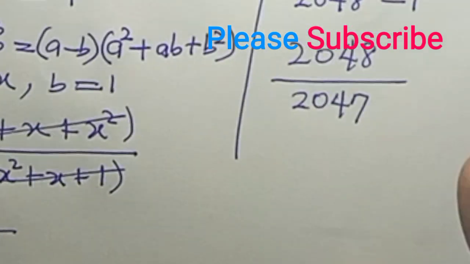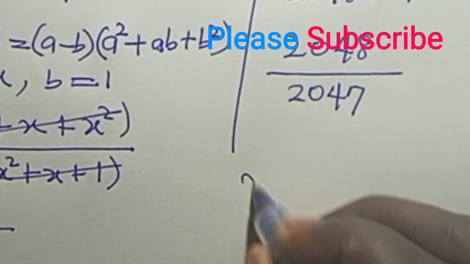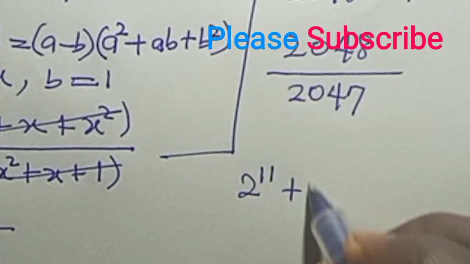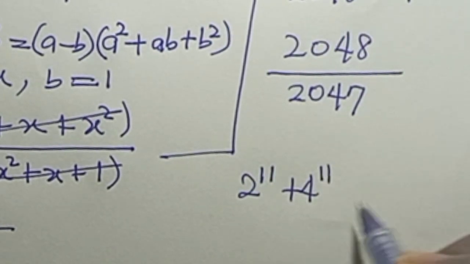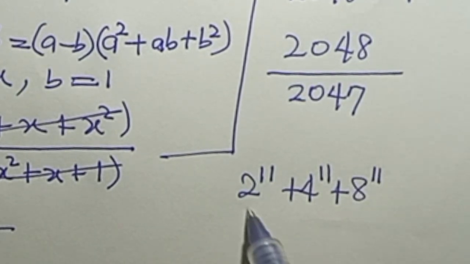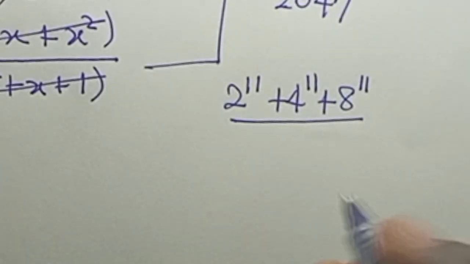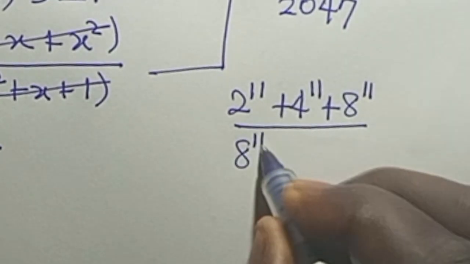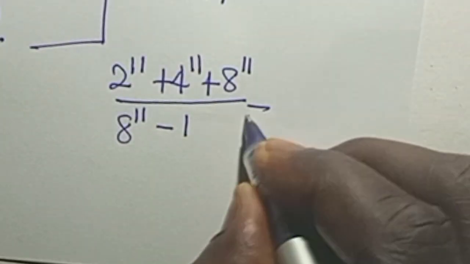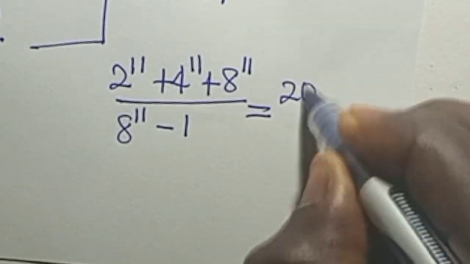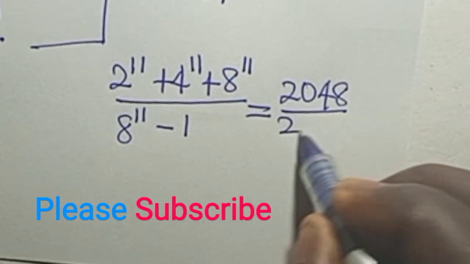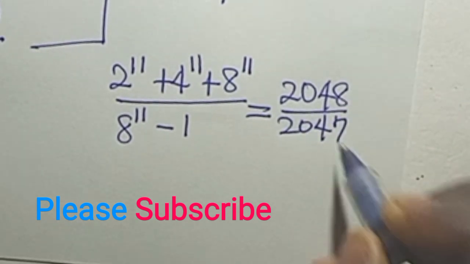So our equation 2^11 + 4^11 + 8^11 all over 8^11 - 1 is simplified as 2048 all over 2047.